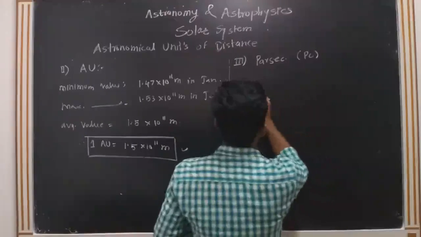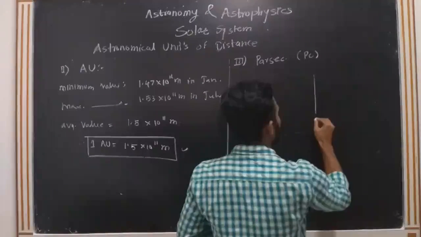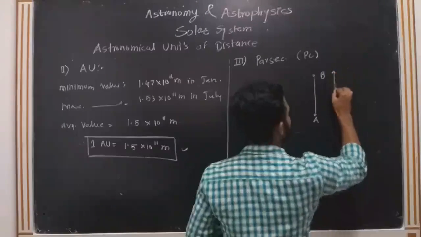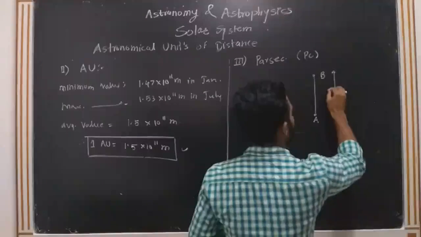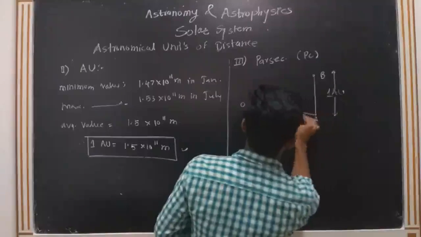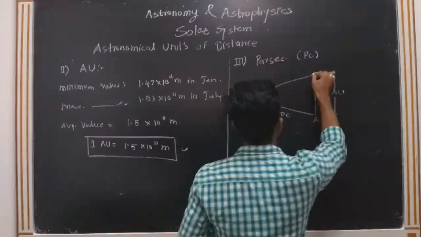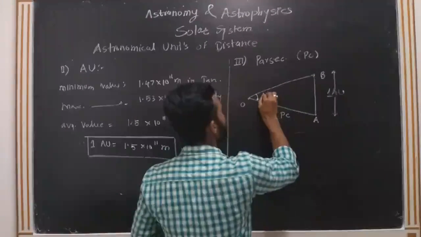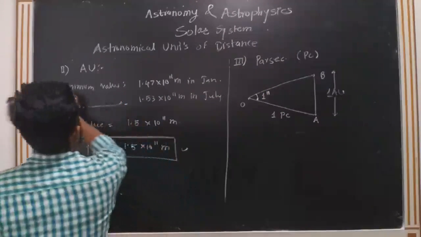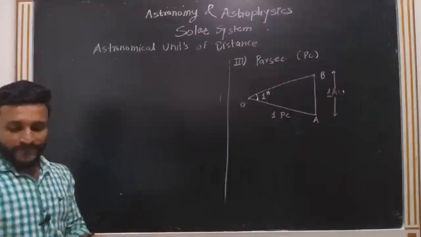For example, suppose this is the point O here, and 2 points, let's say A and B, are separated by the distance 1 AU. This distance is nothing but 1 PC, and the angle subtended is 1 arc second.